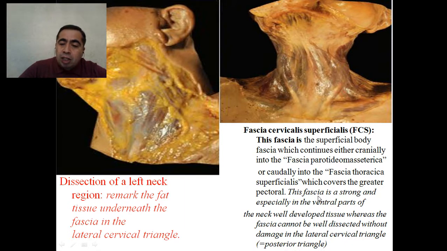This fascia is strong and especially in the ventral part of the neck a well-developed tissue, whereas the fascia cannot be well dissected without damage in the lateral cervical triangle, the posterior triangle.